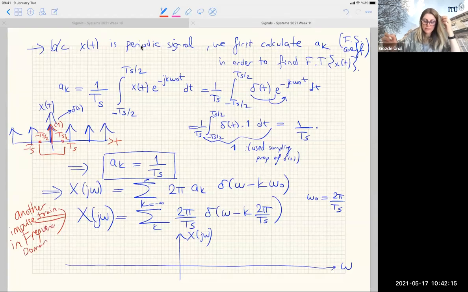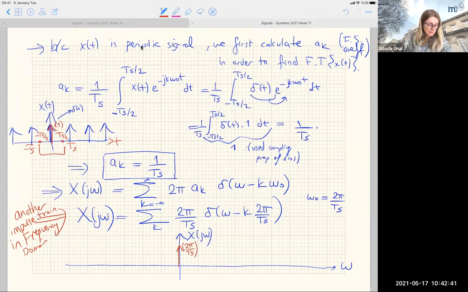Let's write this. It's actually amplitude changed. Before it was 1. Look at the form of the impulse train in time that I plotted here on the left, in the middle of the page. That was an impulse train, the input function.